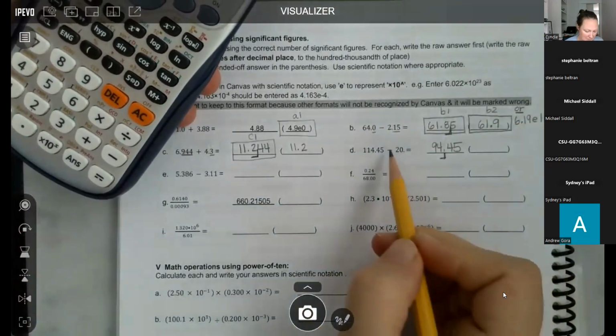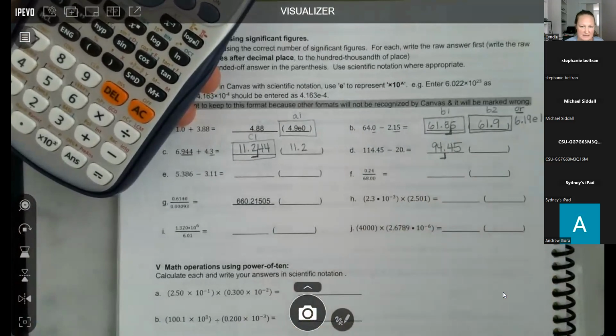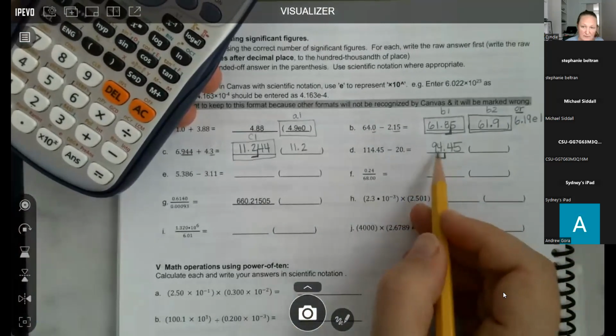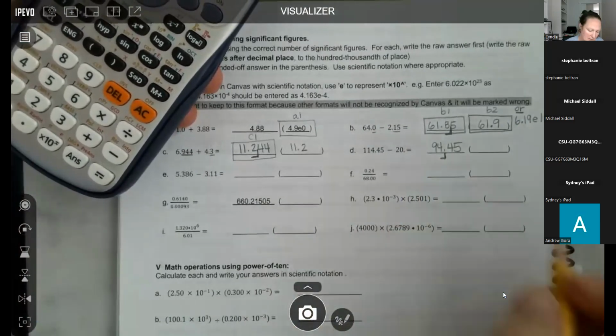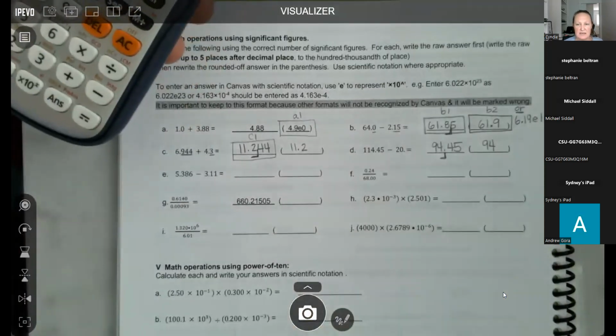Again, we're doing subtraction, so it's looking at places past the decimal, and this one has 0, that's the minimum. So only the 94 is significant. So you either write 94, or 9.4 e to the 1.